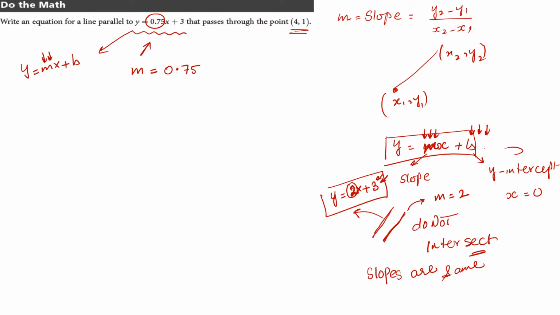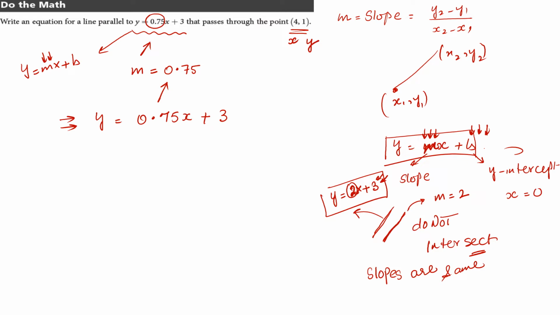Now let's see here. Y equals 0.75x plus 3. The slope here is 0.75. Now this line is passing through the point 4 and 1, so the x value is 4 and the y value is 1.